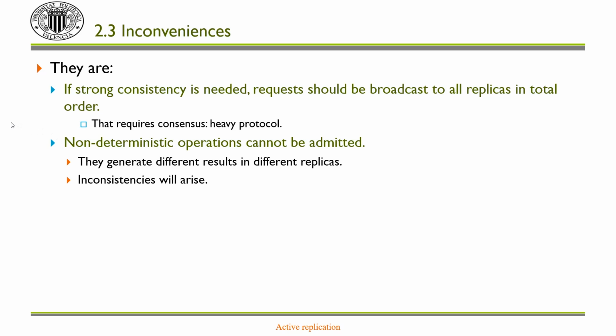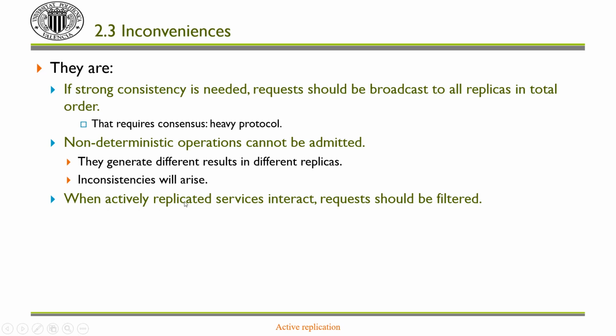But non-deterministic operations use some random source in their logic, and because of this, for a given combination of arguments, they may return a different result each time. So, if we used non-deterministic operations in this replication model, then we would generate different results in different replicas. And because of this, those replicas may become inconsistent among each other.